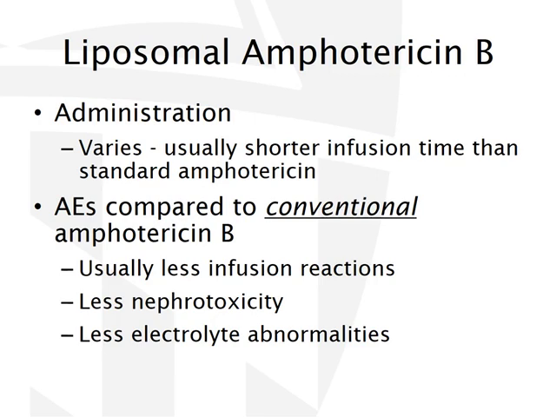Administration usually has a much shorter infusion time than conventional amphotericin B. Compared to amphotericin B, there are usually fewer infusion reactions, and that's why we're typically able to give this over a shorter administration time. There is less nephrotoxicity, and that's really the niche for this drug. So for patients that have pre-existing nephrotoxicity, this drug is preferred, and it also can cause fewer electrolyte abnormalities.